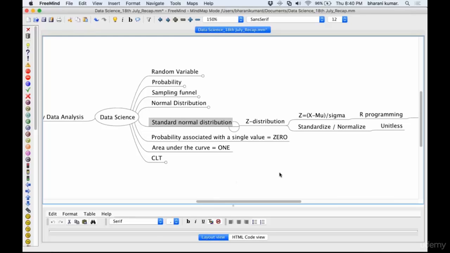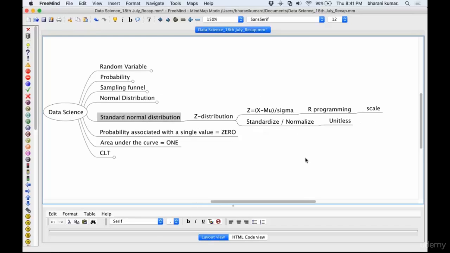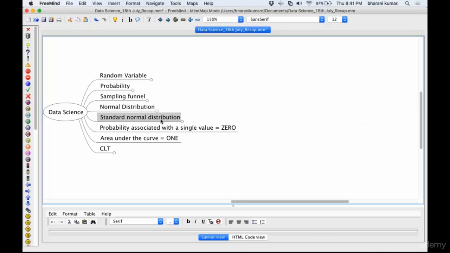That is when we discussed standard normal distribution, and standard normal distribution is also called a z distribution, and this is the formula: z equal to (x minus mu) by sigma. And when it comes to our programming, you use the function scale. Standardization is also called normalization, and standardization or normalization would essentially make the data unitless. So we have discussed all that.